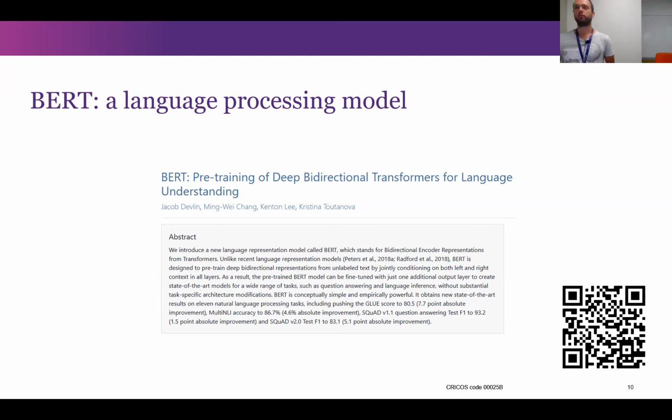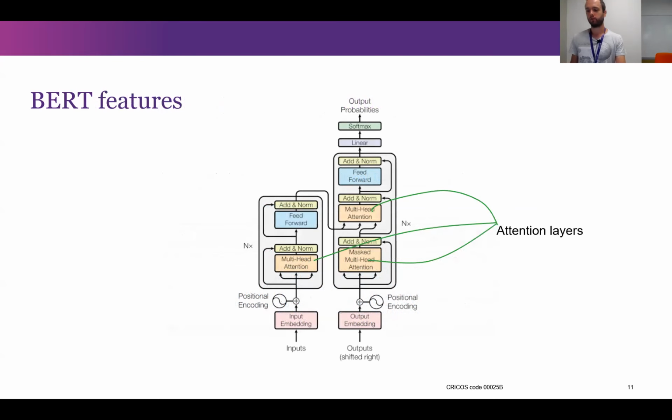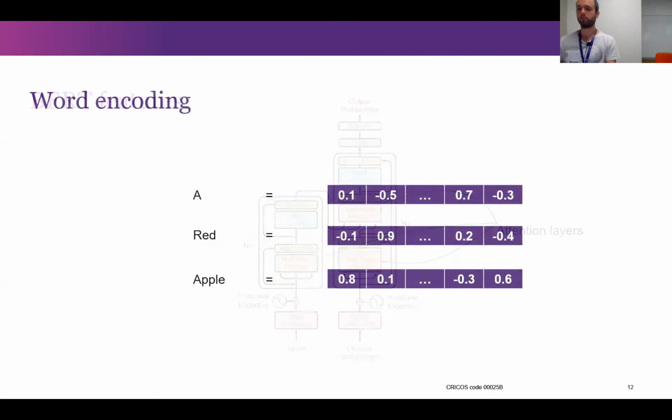As I said, BERT is a model that uses transformers. This is the picture you've already seen today. It's a scheme of a transformer layer, and the main feature of this layer is these attention layers. So let's suppose you have a representation of a sentence. It's called embedding.